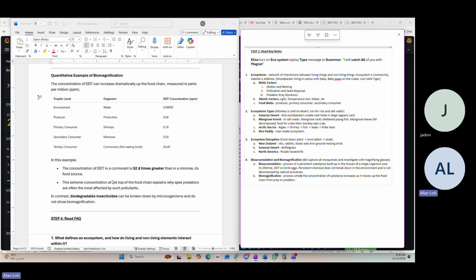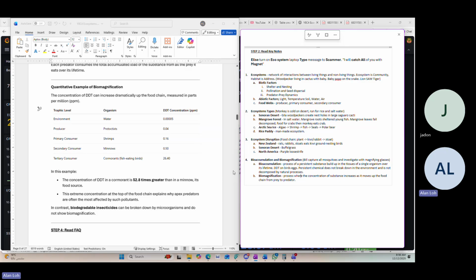Just now you have read the summary, and the summary is talking about these informations: biotic factors, abiotic factors, food webs, and the 4 types of ecosystem, and what are the disruptors in the food chain, and what is bioaccumulation and biomagnifications.